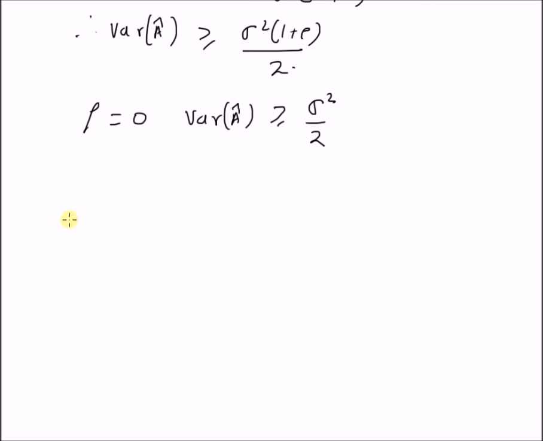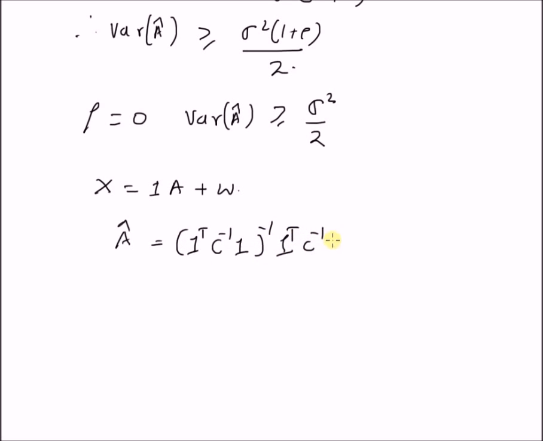Now let us look at the minimum variance unbiased estimator for the parameter A. Since we know that the observation model is x equal to vector 1 multiplied by A plus W, we know that the minimum variance unbiased estimator, MVU estimator, is written as 1 transpose C inverse 1 whole inverse, times 1 transpose C inverse, times the vector of observations x.